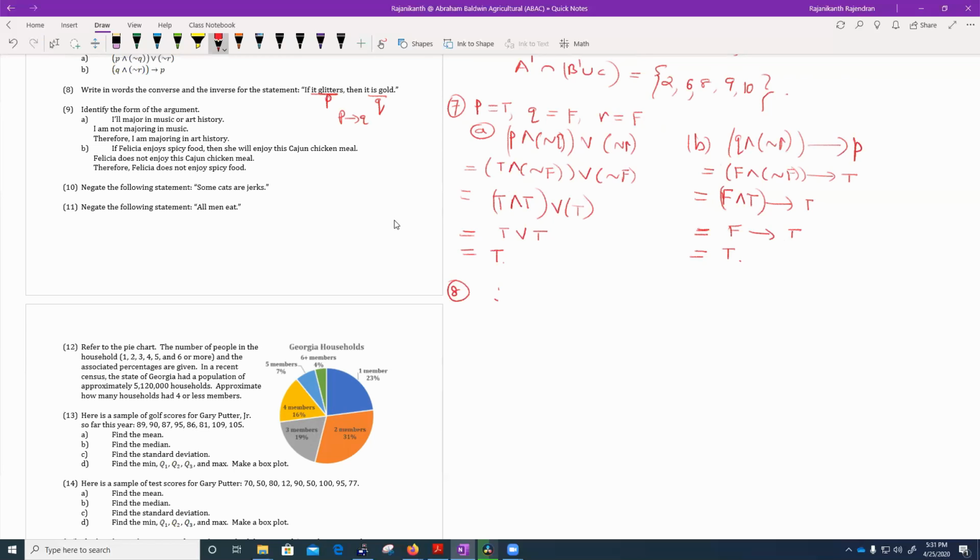The converse statement is simply going backwards, so Q goes to P. Now express this in terms of words. If it is gold, then it glitters.